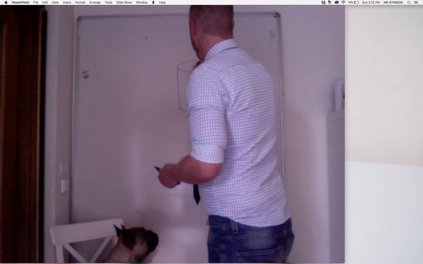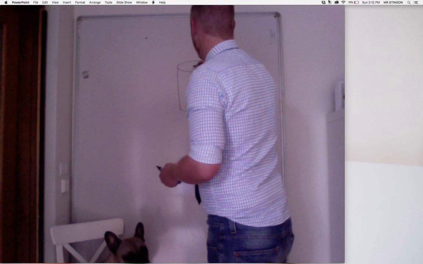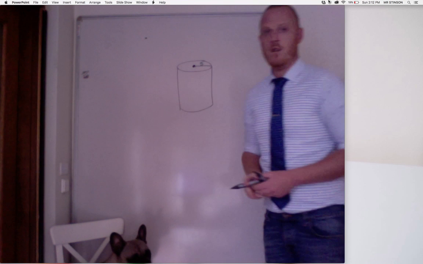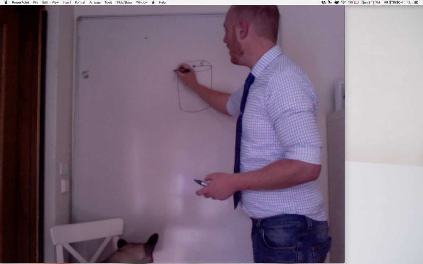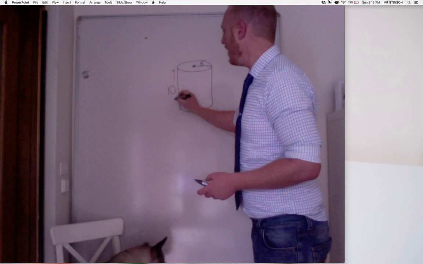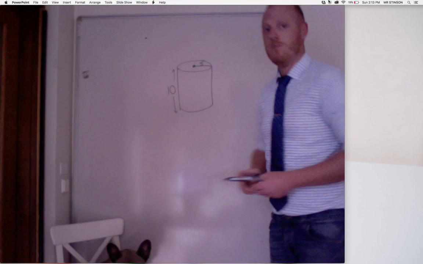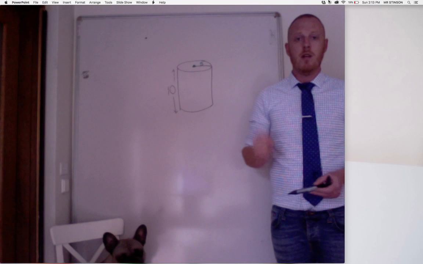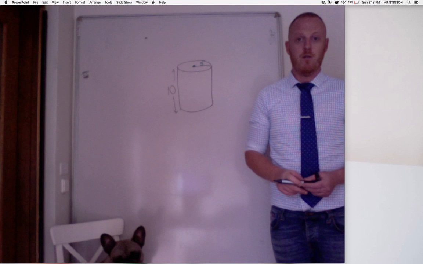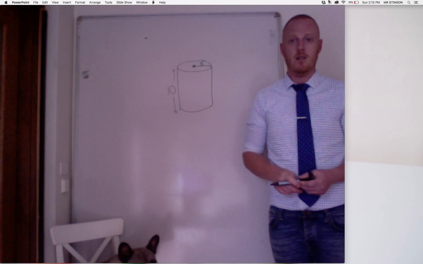I'm going to say that this cylinder has a radius of 5. I'm going to say that the cylinder has a height of 10. This time we don't need to count the sides, we simply need to use our formula for the surface area of a cylinder.